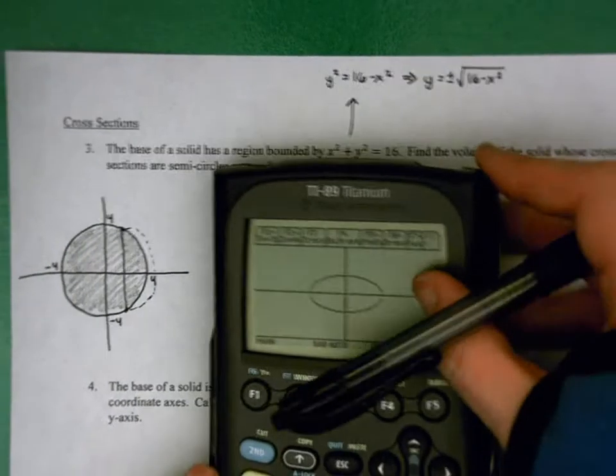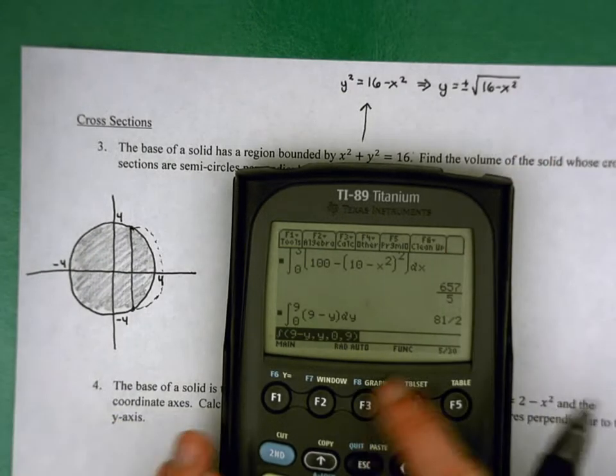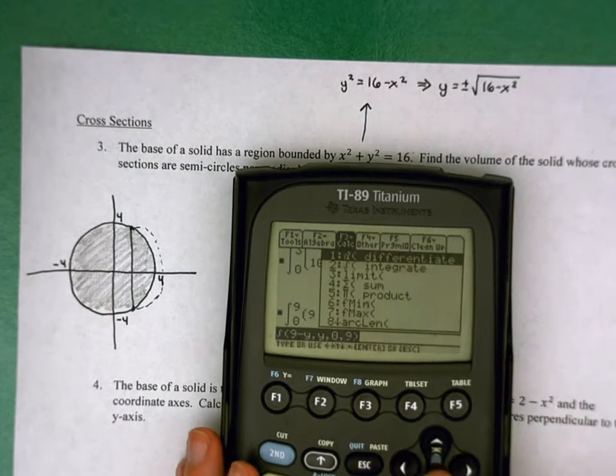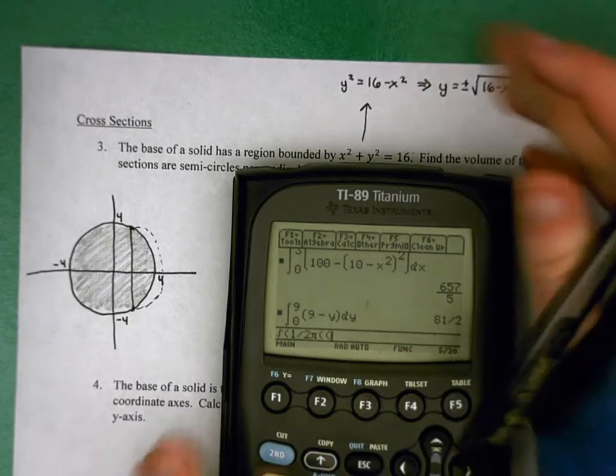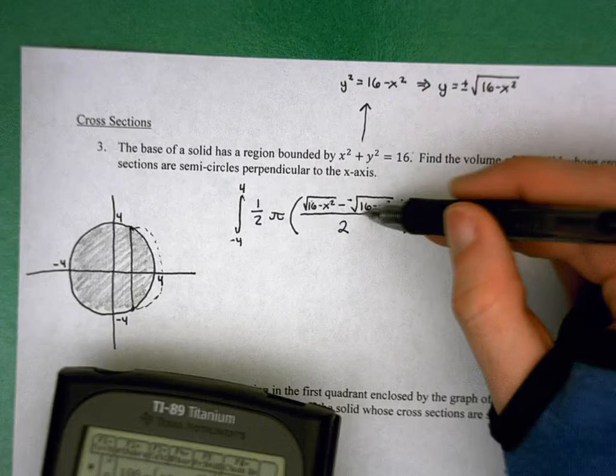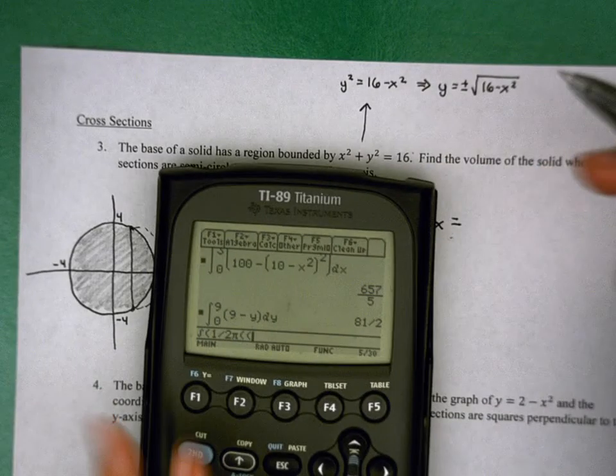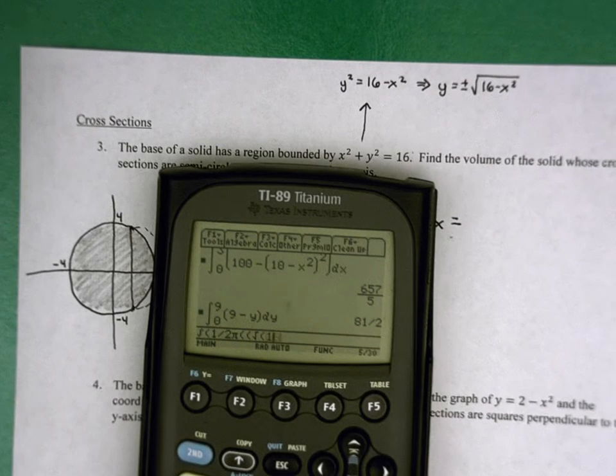So we're going to go ahead and go home. We have 1/2 pi, and then our r, parenthesis, and then parenthesis again. That way our two square roots both end up in the numerator. So we're going to go ahead and go square root 16 minus x squared, square root 16 minus x squared, and then we're going to go divided by 2, end parenthesis.